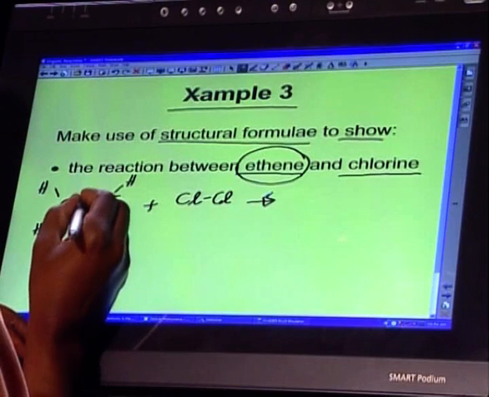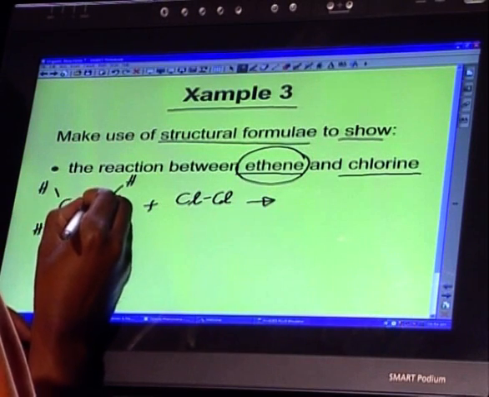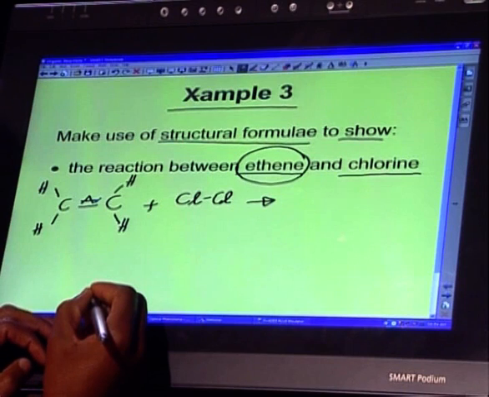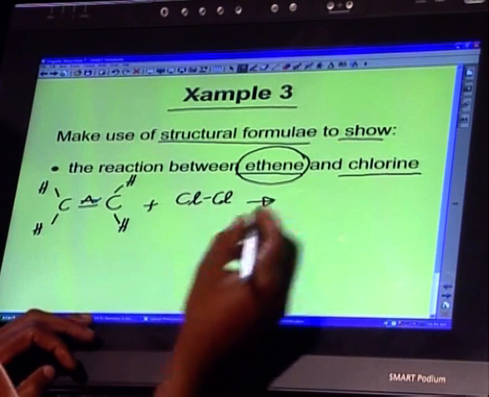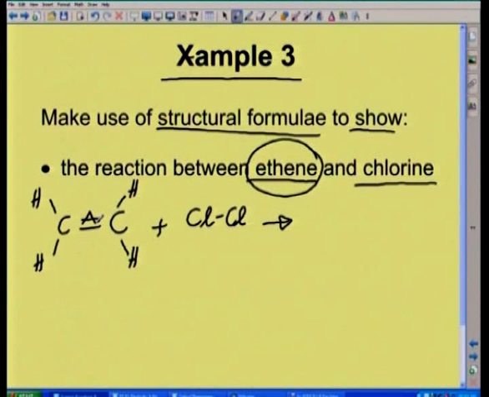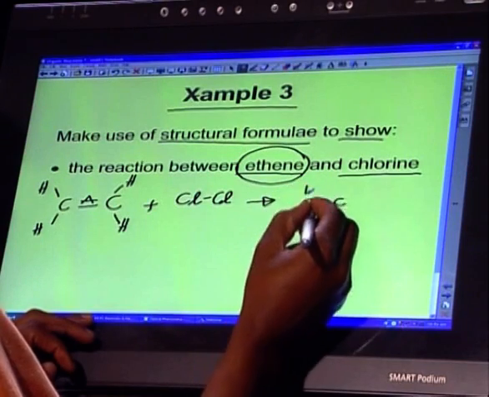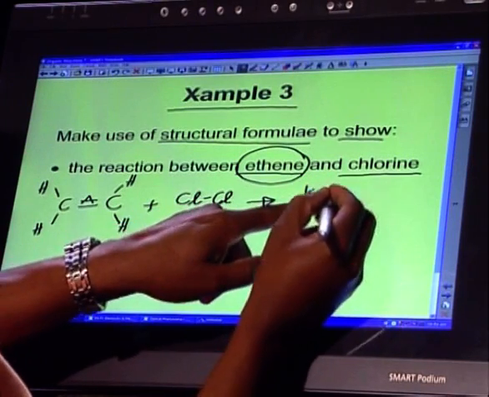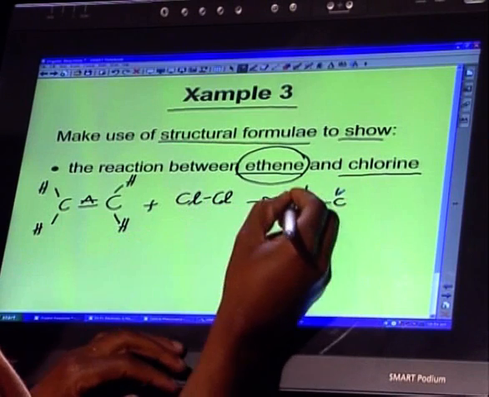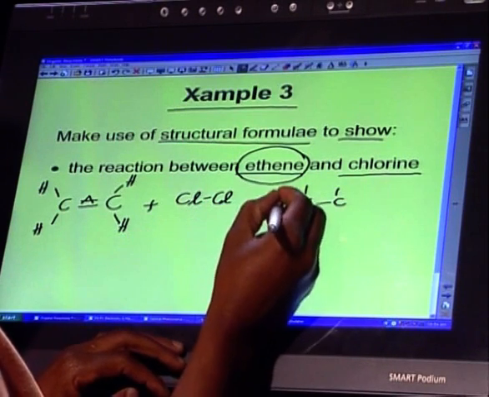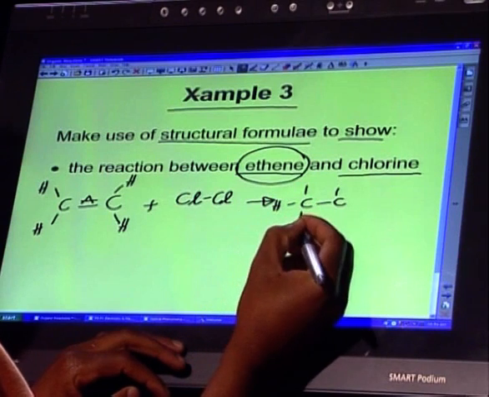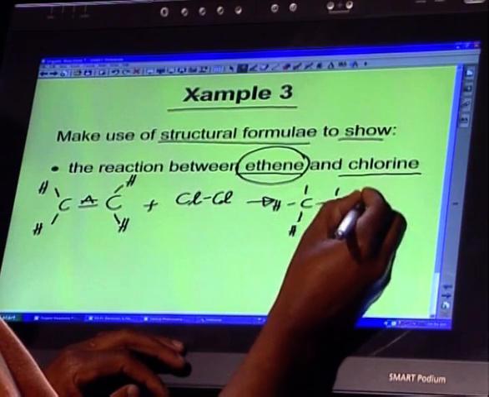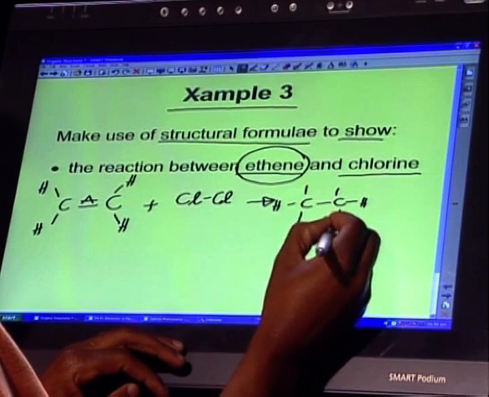So when this bond breaks, what you're going to have here is a C with now a single bond between these carbon atoms. The broken bond, which was the top bond, will be like that. And you've got your H there that you started with, and your H there and your H there that you started with.